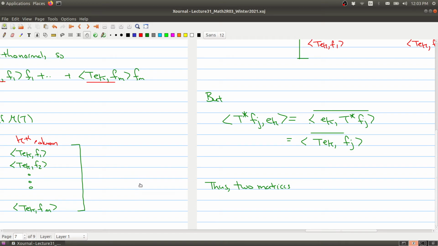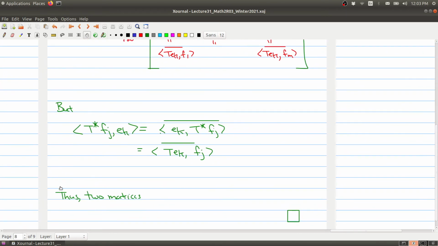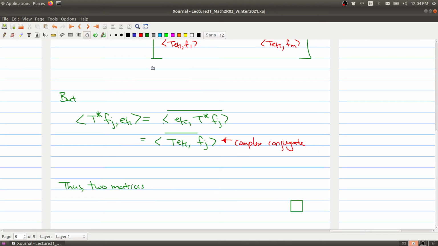So at the end of the day, the two matrices are conjugate transposes of each other, which is what we wanted to prove.